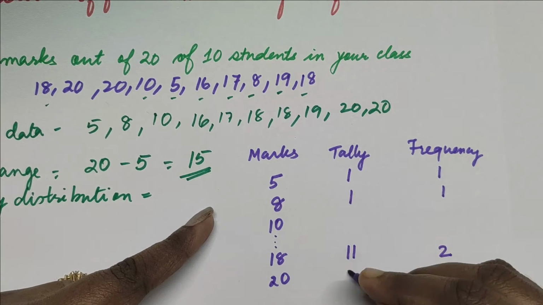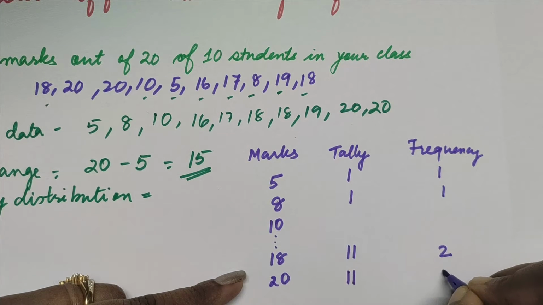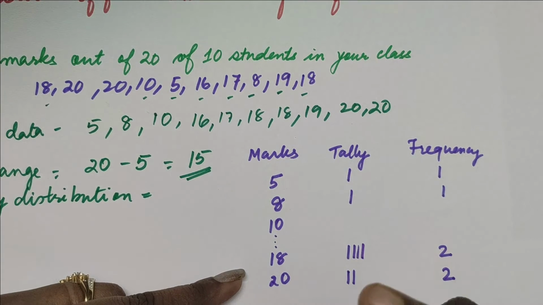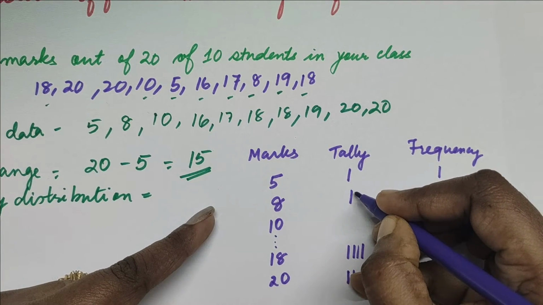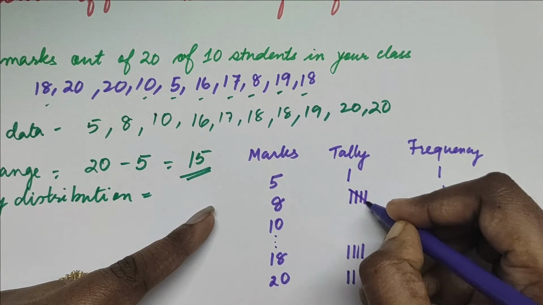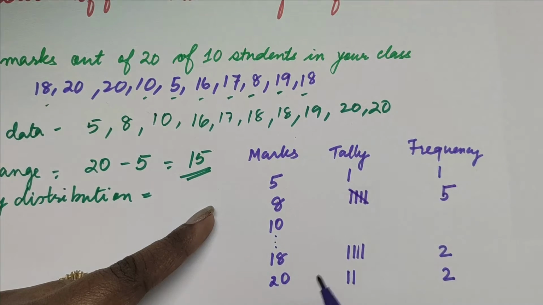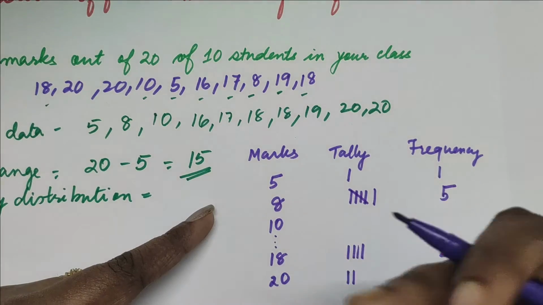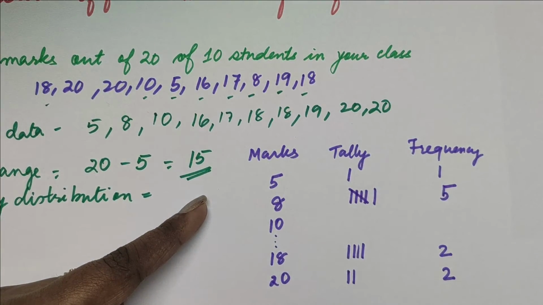Similarly for 20, we make 2 lines because it occurs 2 times, and if there are 4, we will make 4 lines. Suppose 8 occurs 5 times, I'll make 4 lines in the tally marks and a diagonal line which represents the frequency as 5. If it is 6, I'll add one more beside this, and so on. This kind of table is known as a frequency distribution table.